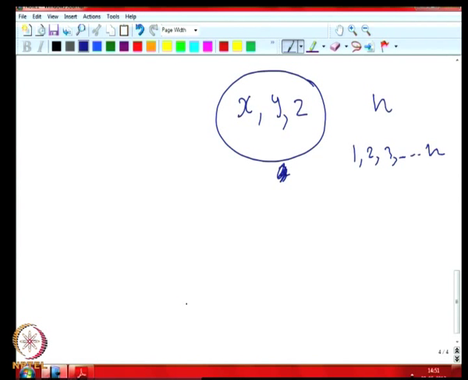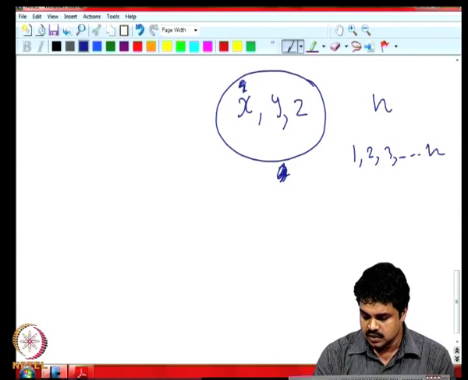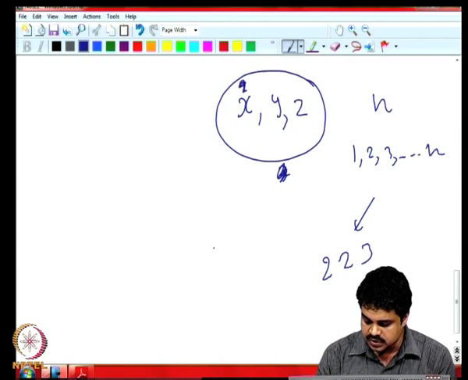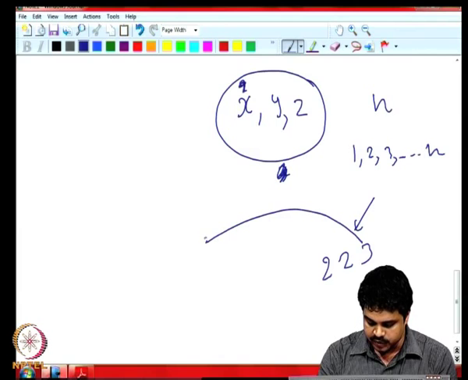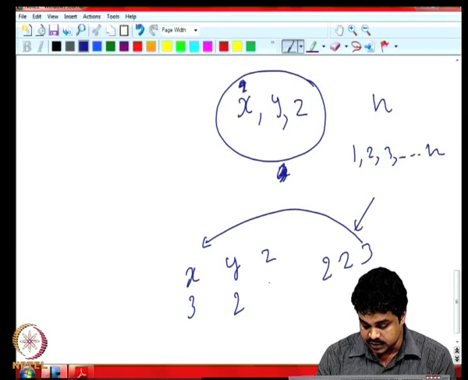So you can select, say, 2, 2, 3. Once you select the 3 things, there is no confusion about which should be x and which should be y, because the biggest should be x, so x equals 3, and y should be the next biggest, then z the next biggest.